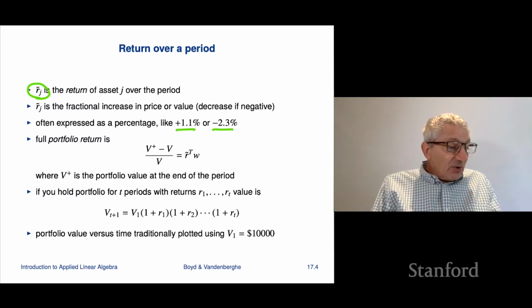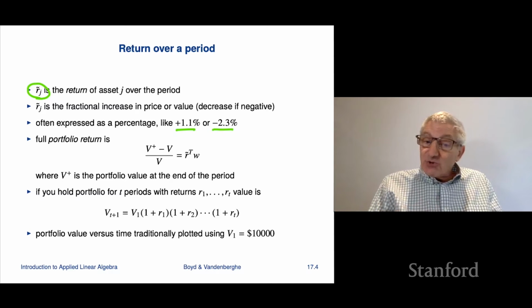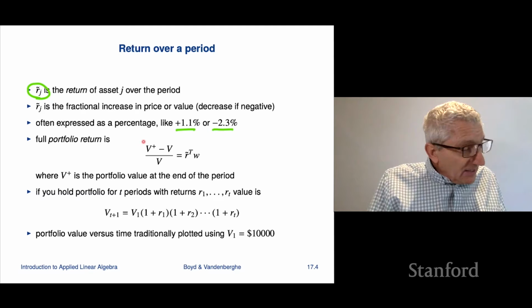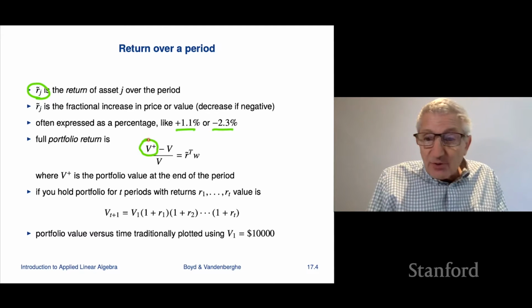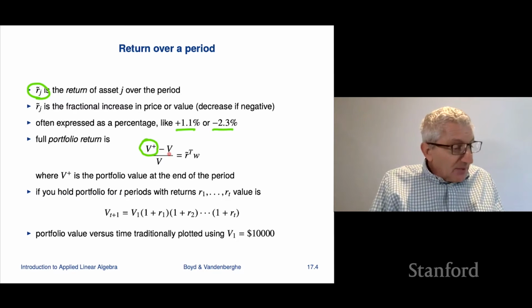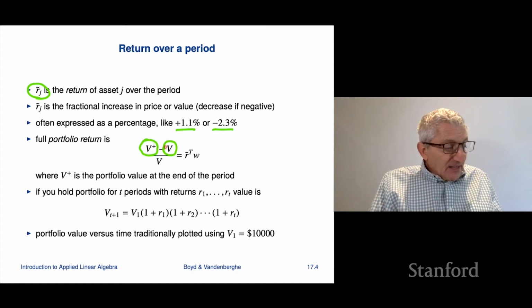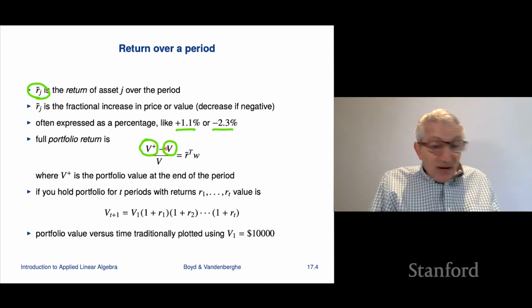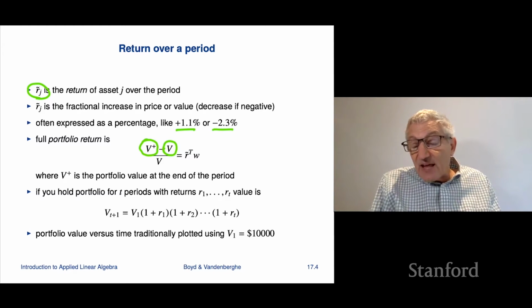Now your portfolio value also changes over the investment period, and we're going to call the after-investment-period value of your portfolio V+, and the initial portfolio value V. So V+ minus V is the increase in value of your portfolio.